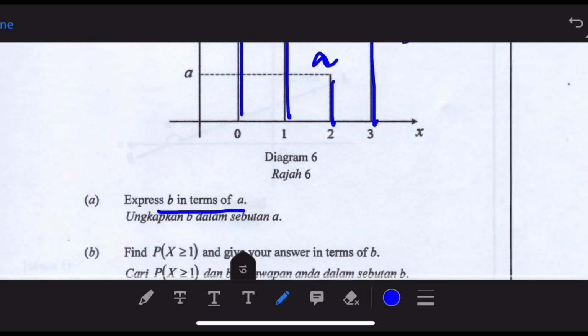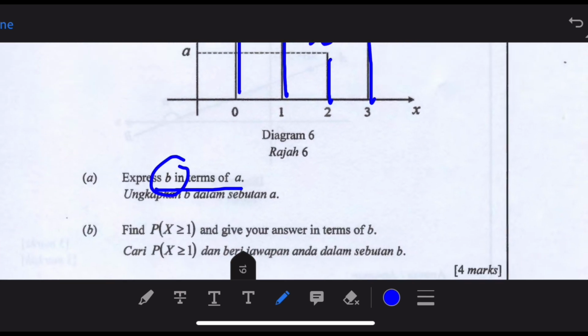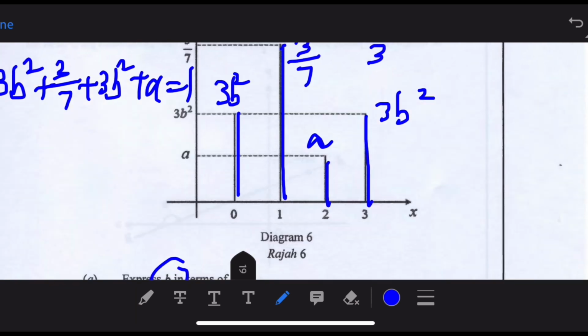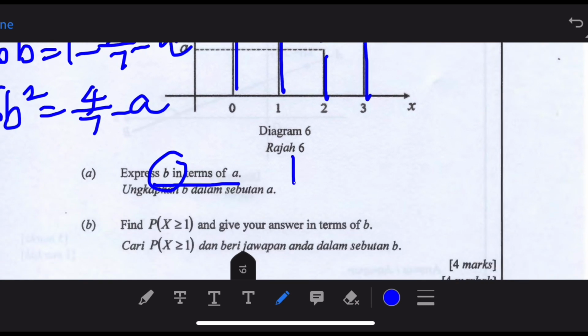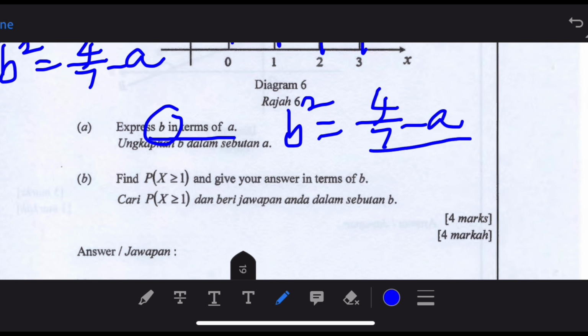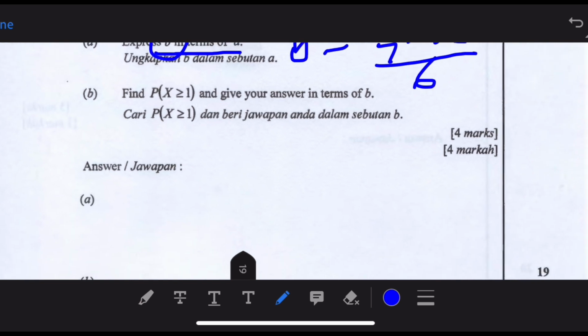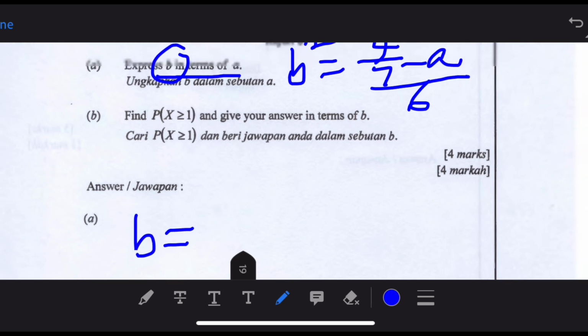Alright, so then you just simplify until b in terms of the a. So we have 6b squared equal to 1 minus 3 over 7 minus a. So 6b squared equal to 4 over 7 minus a. So b squared is equal to 4 over 7 minus a divided by 6, and then you need to square root.